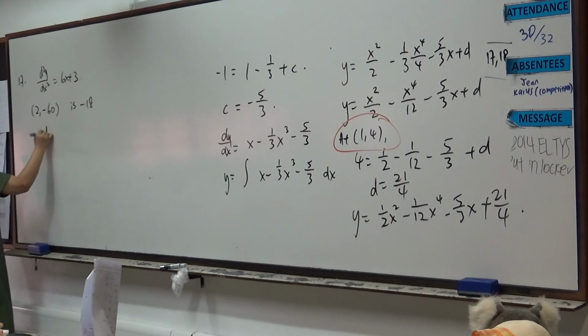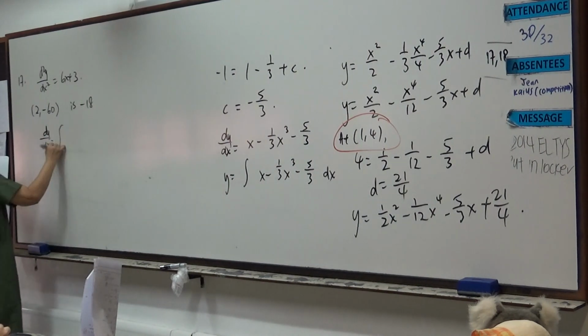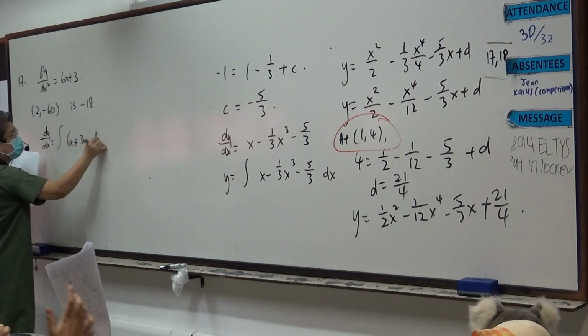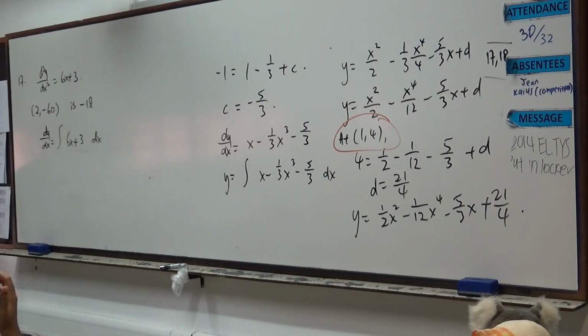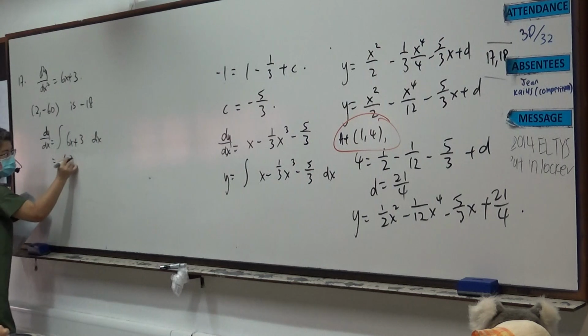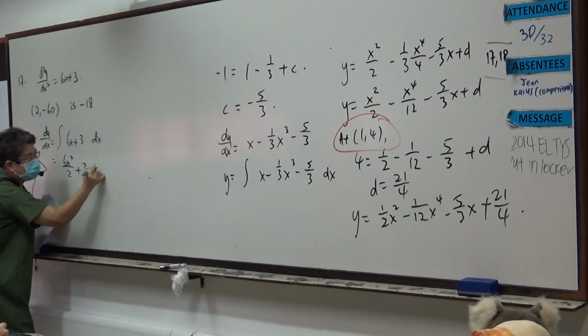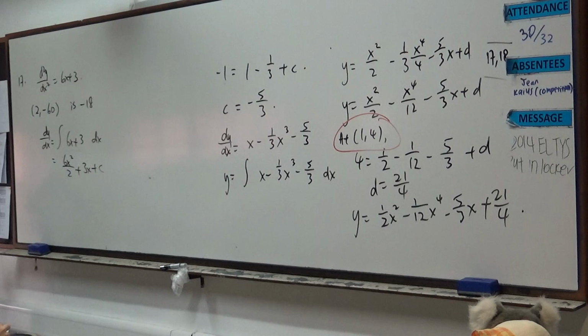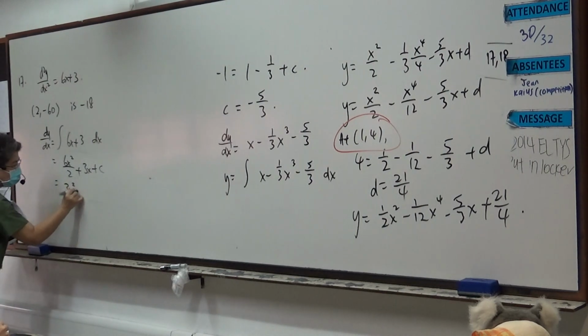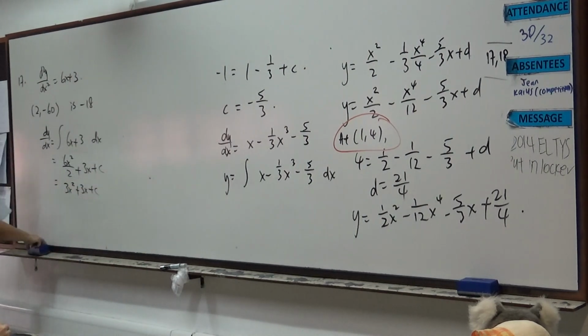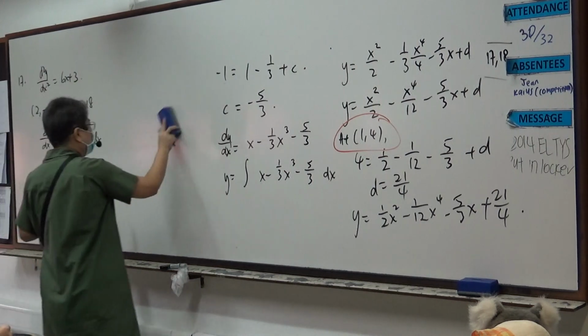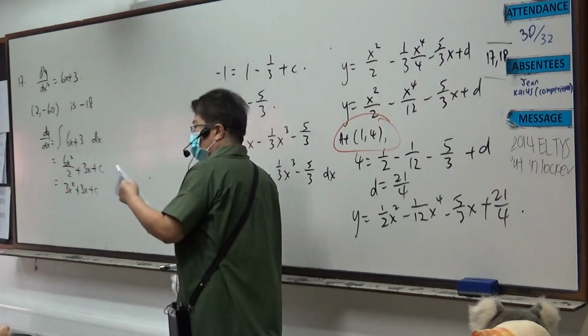When I want to find dy/dx, I must integrate this. So this one becomes what? 6x squared over 2 plus 3x plus c, right? Okay, this will give me 3x squared plus 3x plus c, right? Everybody okay?